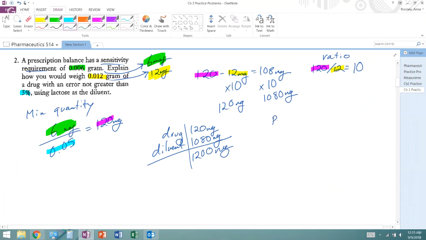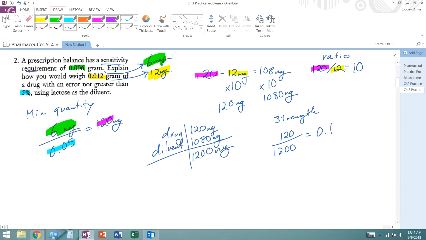So then we have to find percent, or well, not percent, just the strength of the aliquot. So we find that we take the drug and then we divide it by the total. Hey, it's a nice 10% strength.